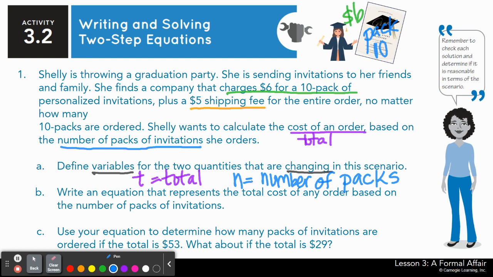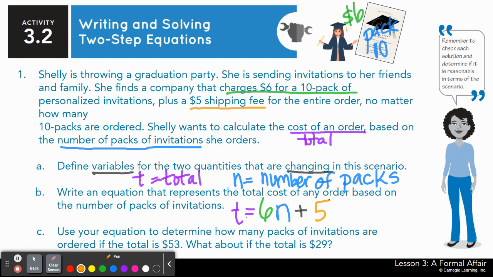For 1A, the variables that are changing are the total and the number of packs that Shelley orders. So T for total and N for number of packs. You could have also done C for cost or P for packs. Does not matter. For 1B, here is the equation that you should have written.